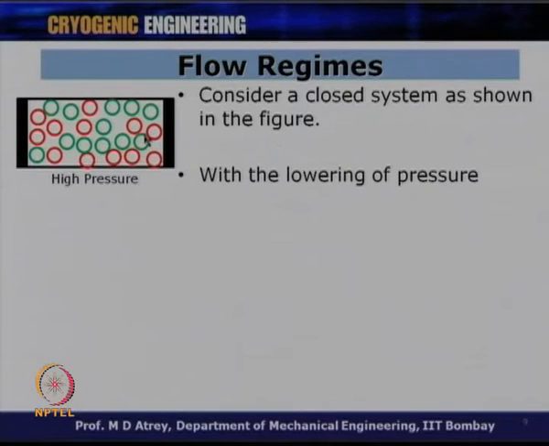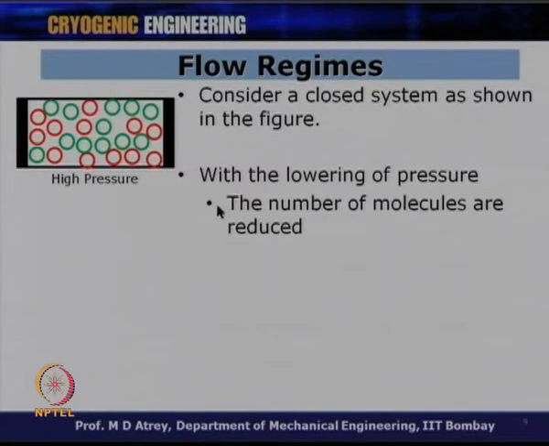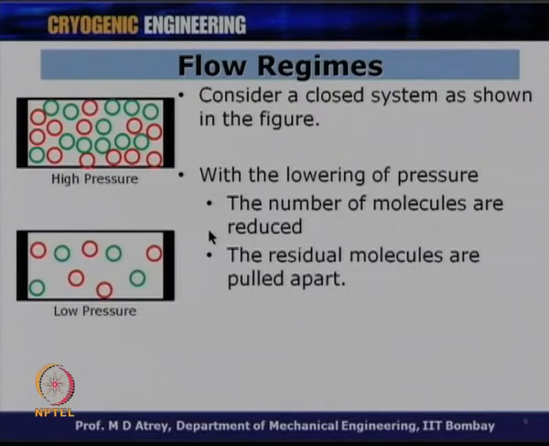But as you go on lowering the pressure, the number of molecules will get reduced, and you may land up in a situation like this, where the number of molecules is reduced as the pressure is reduced, and the residual molecules are now pulled apart. That means, the distance between the two molecules will start increasing, and therefore, the molecules will have collisions at will.